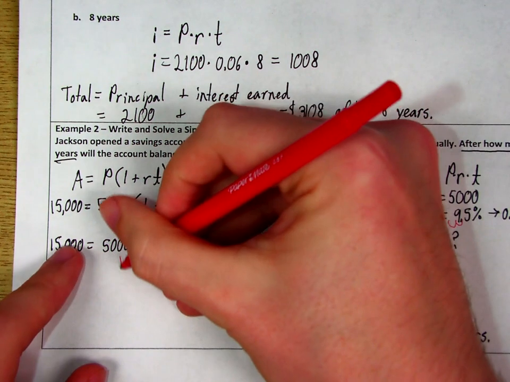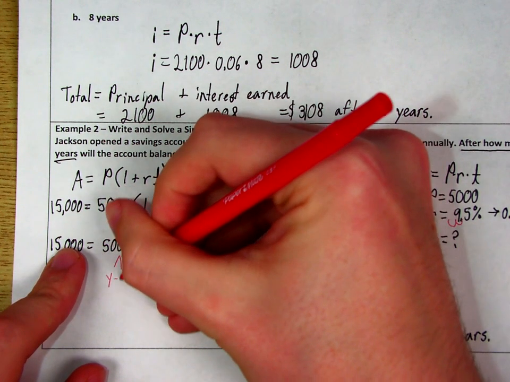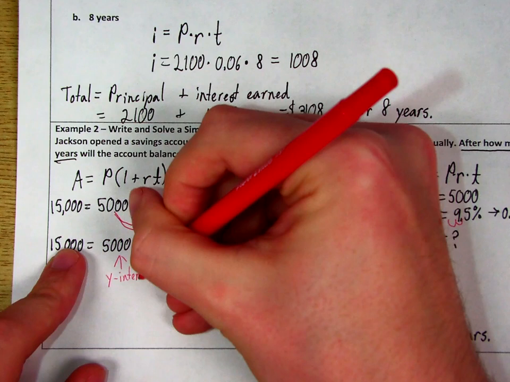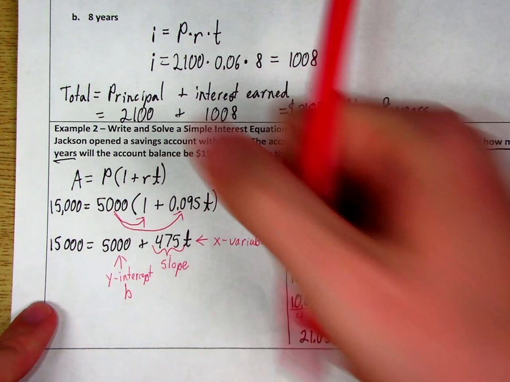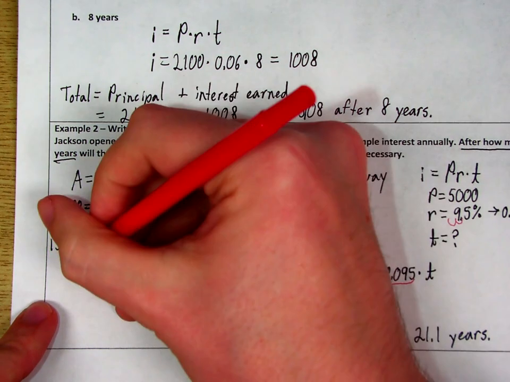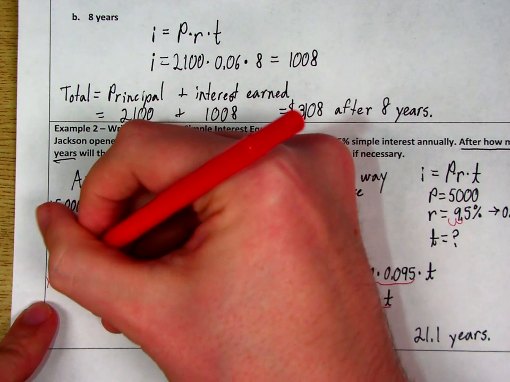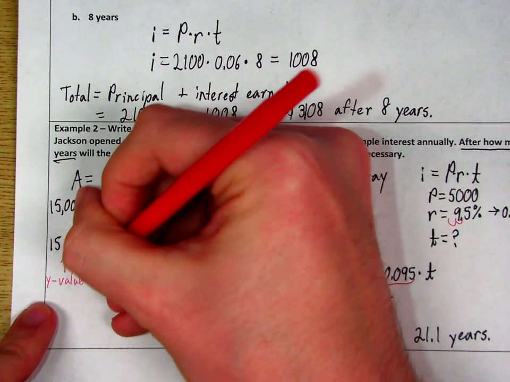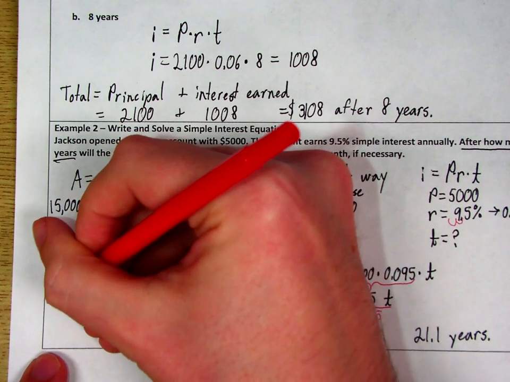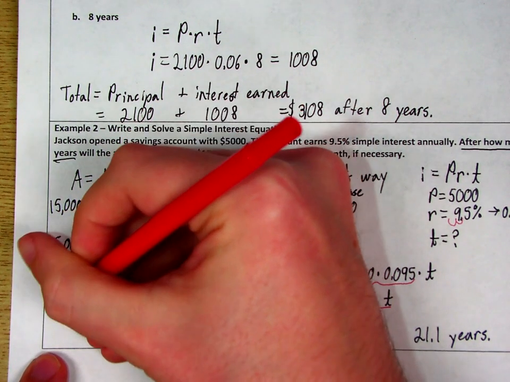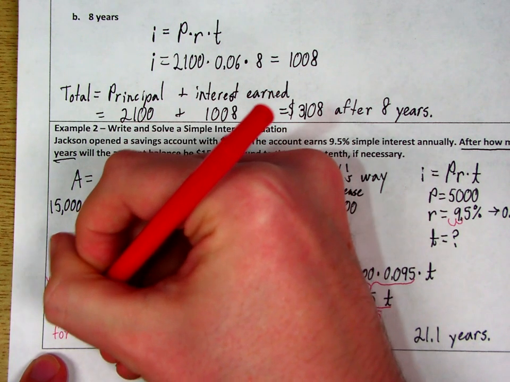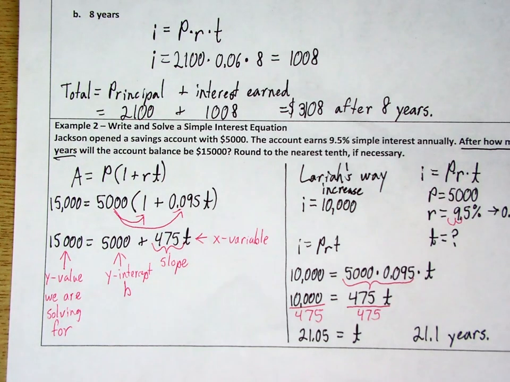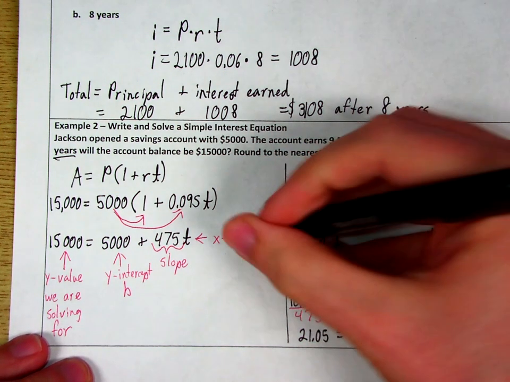That's a y-intercept for us, which, as a reminder, is called B. And the 15,000 is some y value that we're solving for. We saw that it looked like y equals mx plus b.